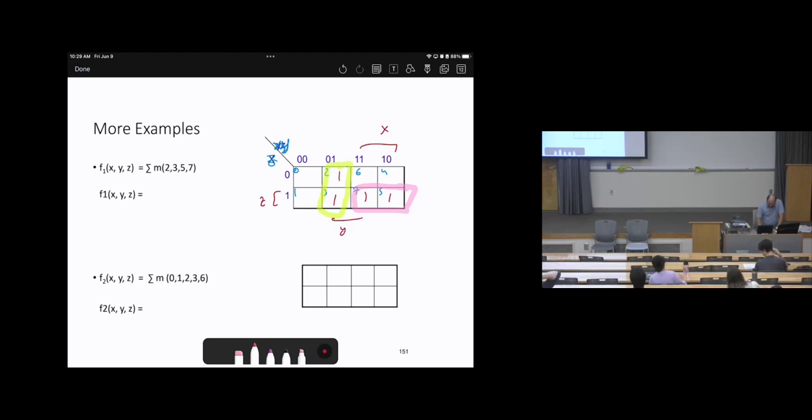Then when using this green loop, it will be x bar y, and this group will be xz. Therefore, it will be x bar y plus xz. How about the second one? Please try it and let me know.